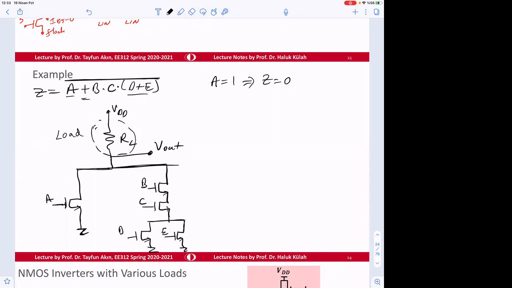Biz NOR yaptık sanki. No, but the NOR is connecting here, but this is together in the line, like inside is OR. Yes, you are right, but eventually this needs to be pulled down. Maybe I shouldn't mess up here.